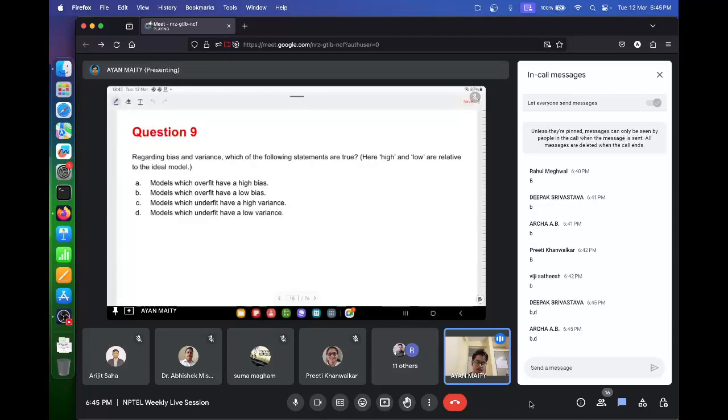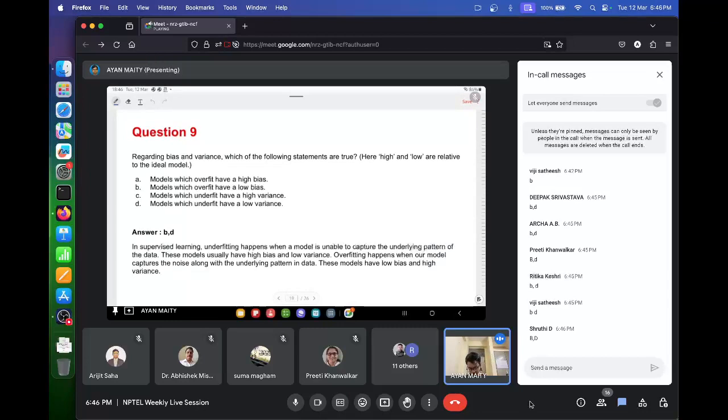Deepak Srivastav says option B and D. Archa says B and D. Preeti Kanwalkar also says B and D. Ritika Keshri says B and D. VG Satish is also saying B and D. Shruti is saying B and D. Yes, so all of you are saying B and D, and yes, B and D are the two correct answers here.